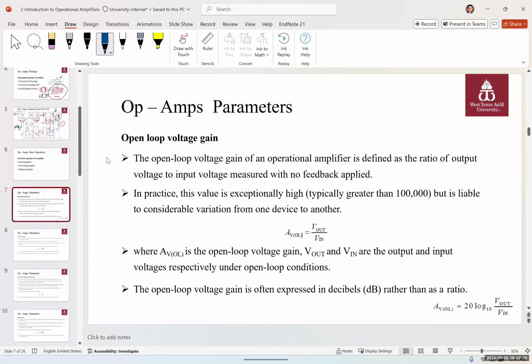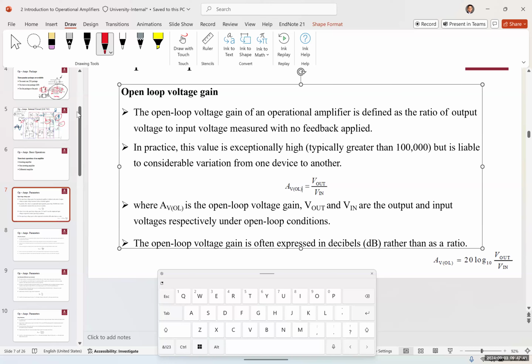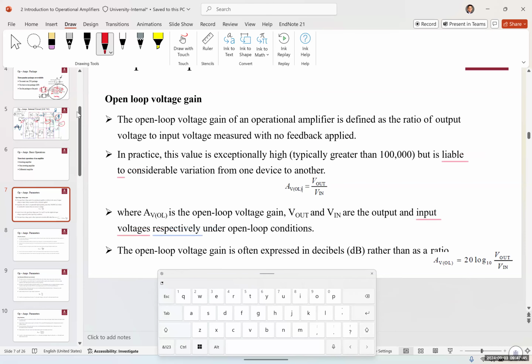So now we're going to speak about different parameters of amplifiers. The first parameter that we have in an amplifier is its open loop voltage gain. Just as a reminder, do you remember what is a voltage gain? It's the ratio that you get out of what you put in.